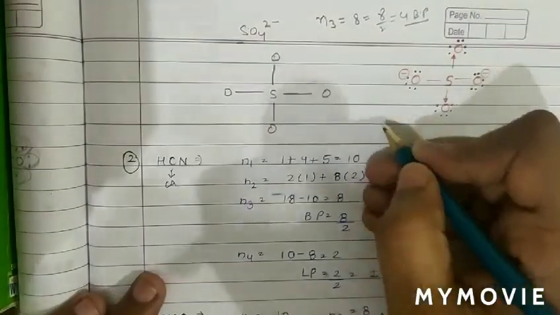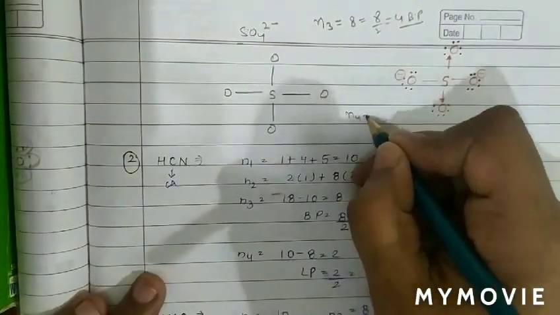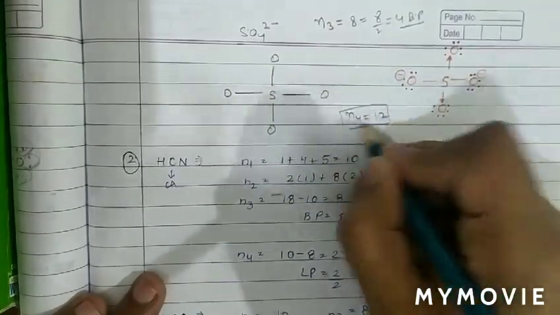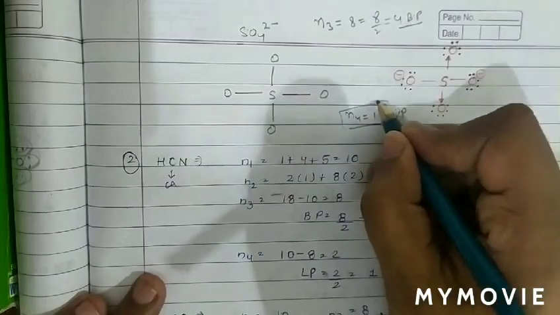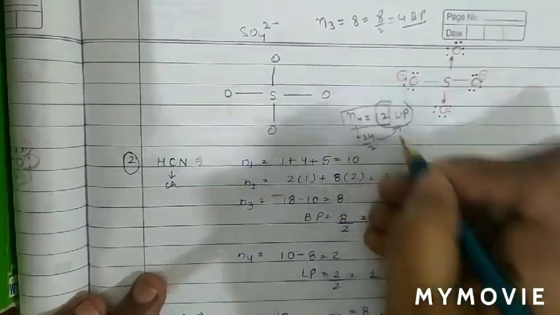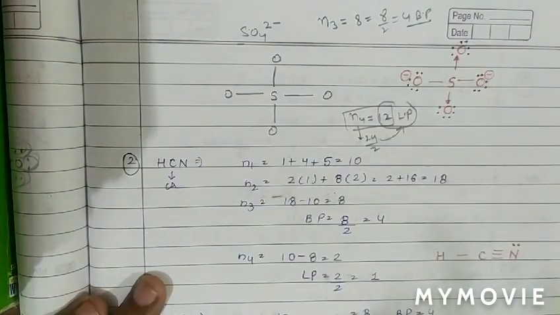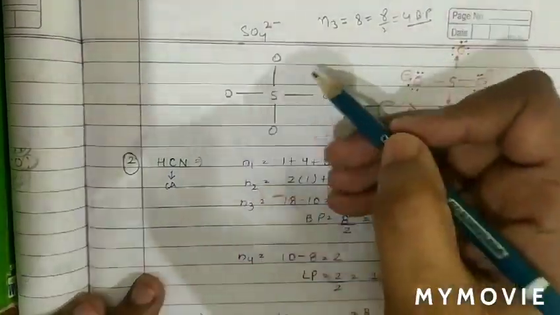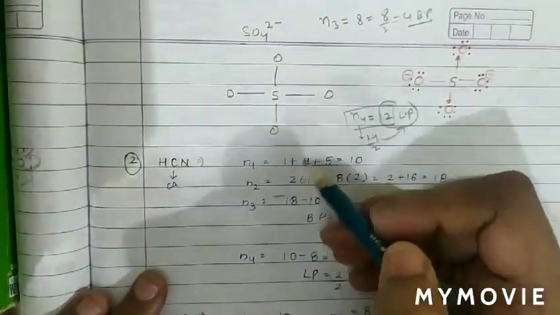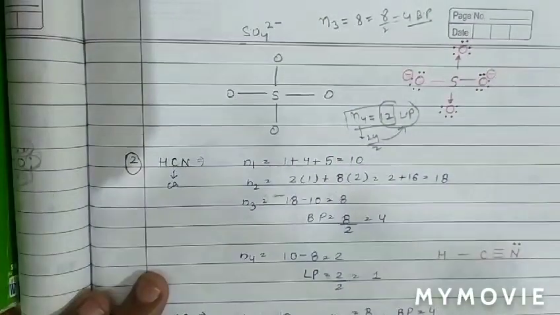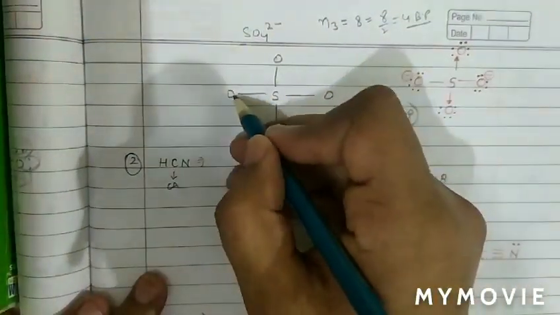Now the value of N4 we have calculated, that is 12. So we have 12 lone pairs. Basically the value of N4 is 24, divided by 2, so the lone pairs are 12. We have 12 lone pairs, and the lone pairs are distributed in such a way that the octet must be complete for each atom. As for sulfur, 1 2 3 4 5 6 7 8, the octet of sulfur is complete. See, now the octet of oxygen.